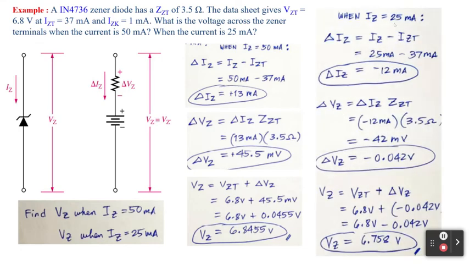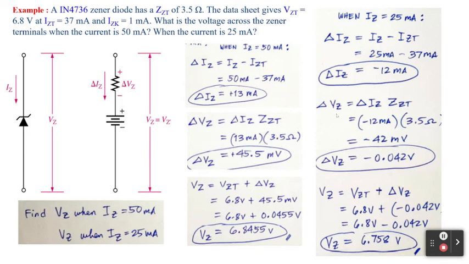Now, in the case of the 25 milliamperes value of IZ, delta IZ, same formula, IZ minus IZT, but this time the IZ is 25 instead of 50 before. So the answer will be a negative value because the 25 milliamperes is smaller than the 37 milliamperes IZT. So the delta IZ will now be minus 12 milliamperes.